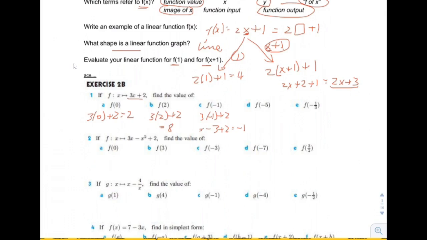F of negative 5, so it would be 3 times negative 5, which is negative 15, plus 2 is negative 13. Negative 1/3, so negative 1/3 times 3 is negative 1, plus 2 is 1.